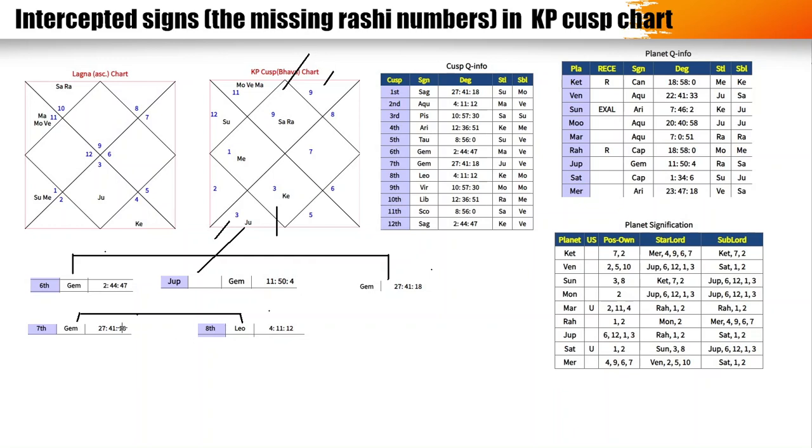Another thing is that, like I mentioned, in the Placidus cusp, the span of a cusp could be less than 30 degrees or could be greater than 30 degrees. But if you add all the degrees of the cusps, it is going to be 360 degrees, not going to exceed 360 degrees. But one particular span of a cusp could be greater or less than 30 degrees.